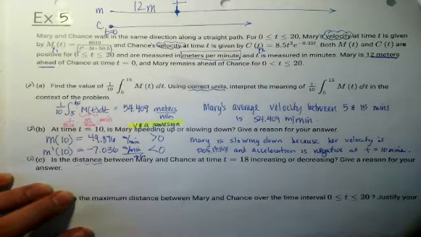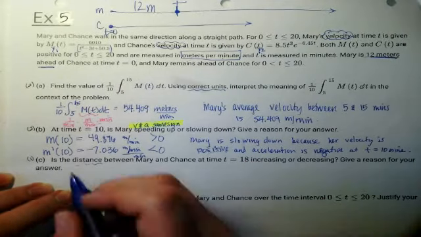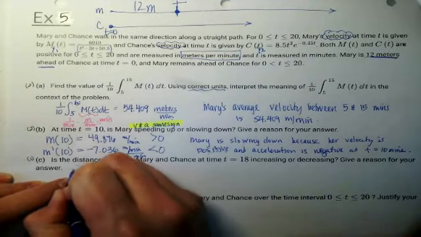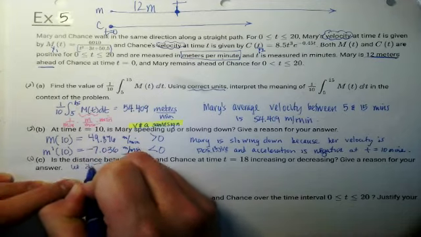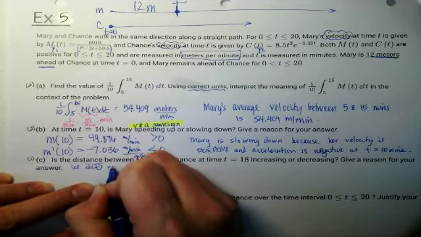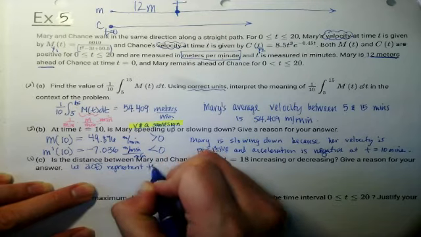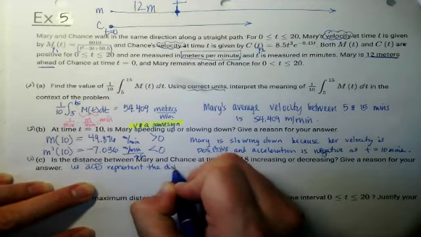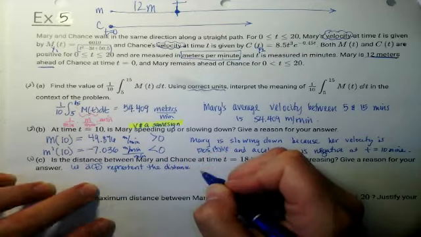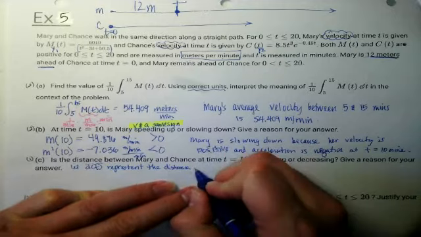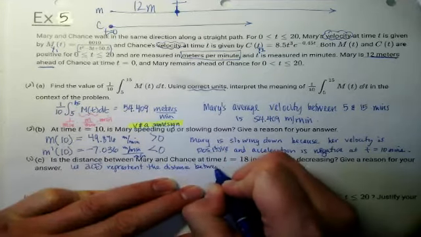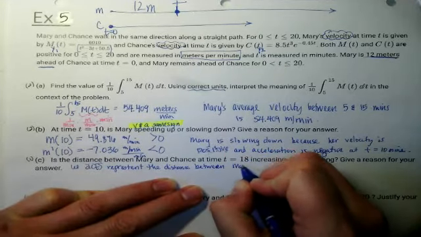You don't actually need most of this stuff, but I think it's important for understanding. We're going to let d of t represent the distance between Mary and Chance.